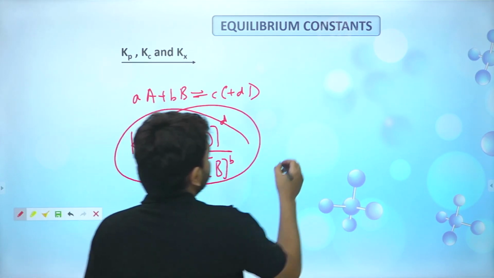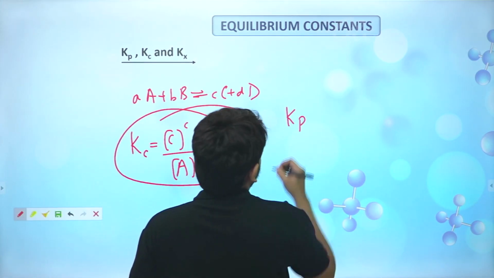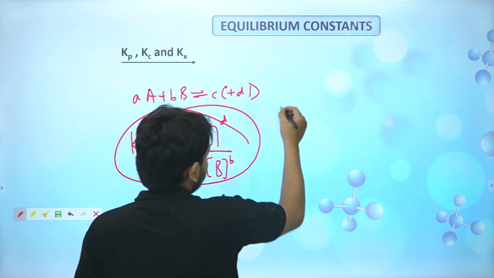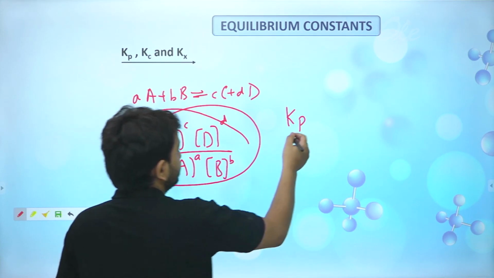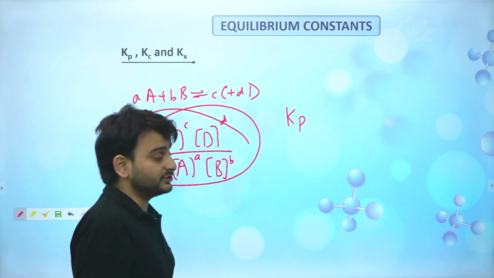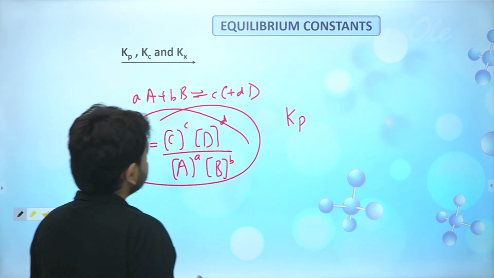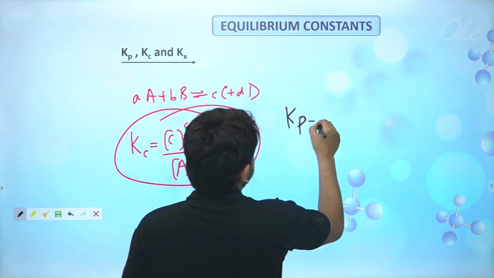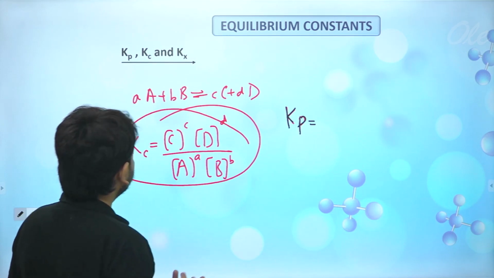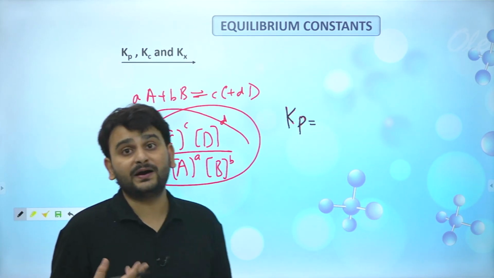Now, when we are talking about Kp, this is the equilibrium constant where P is for pressure. Kp is defined in terms of partial pressures.